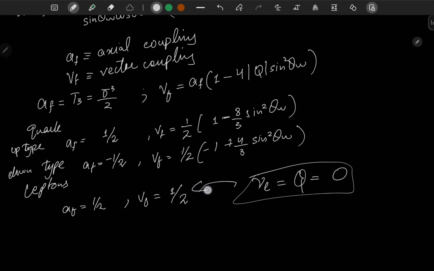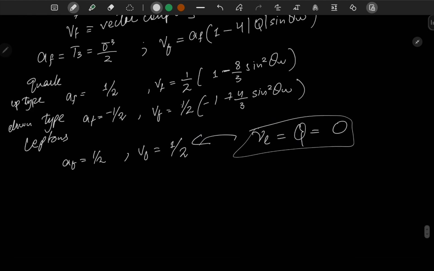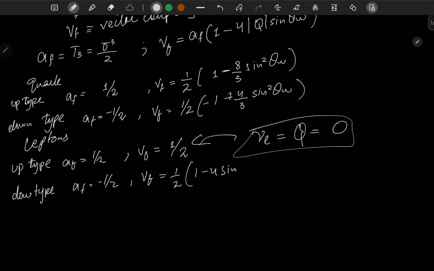That's why we have only this half. And for down-type leptons, AF will be minus 1 over 2 and VF will be half into 1 minus 4 times sine square of theta W.